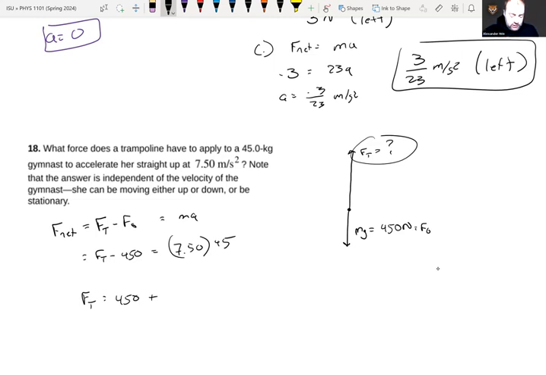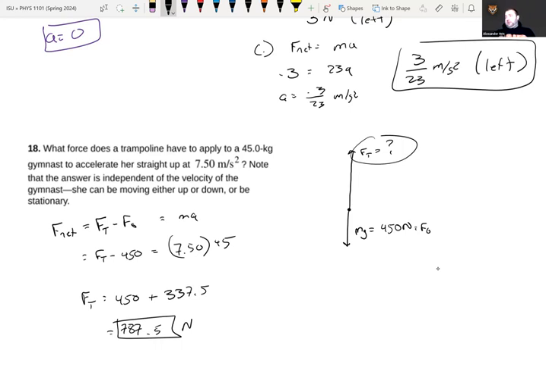I'm going to have to calculate that. 337.5. And when you add those, that would give you 787.5. So your force from the trampoline is 787 newtons up.